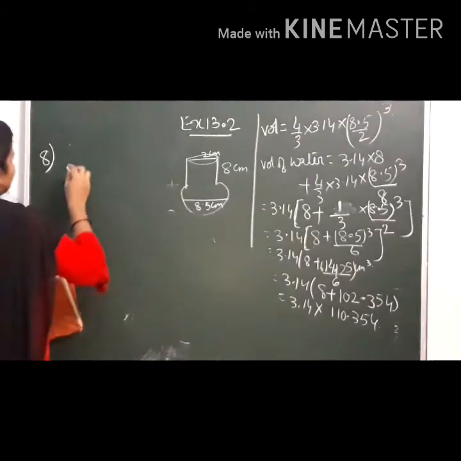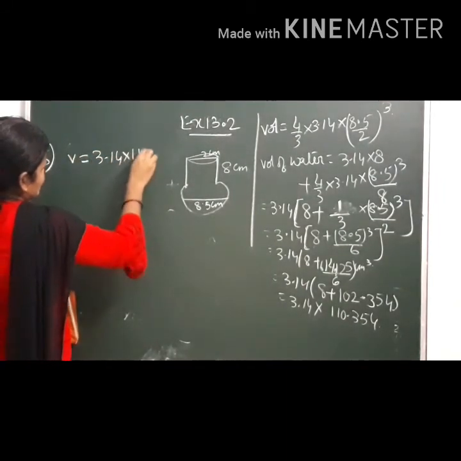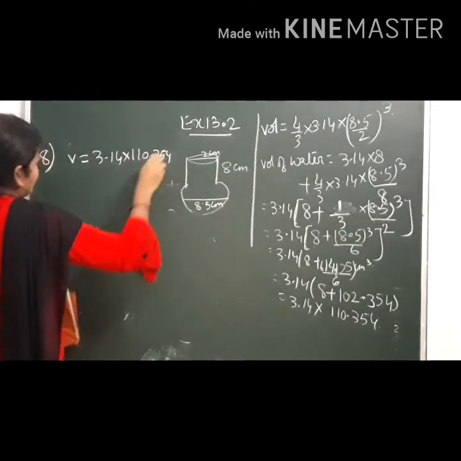So your answer will be the volume of the water, 3.14 into 110.354. So you have to multiply 110.354 into 3.14.